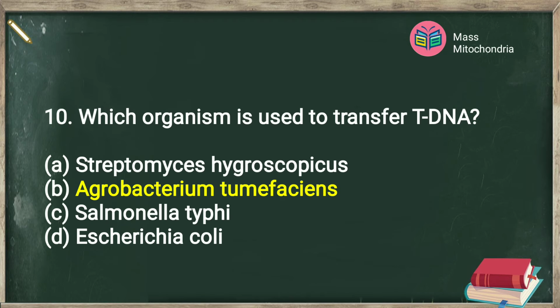The Ti plasmid, tumor inducing plasmid from the soil bacterium Agrobacterium tumefaciens, is effectively used as a vector for gene transfer to plant cells. The part of the Ti plasmid transferred into plant cell DNA we call T-DNA. So the right option is option B.